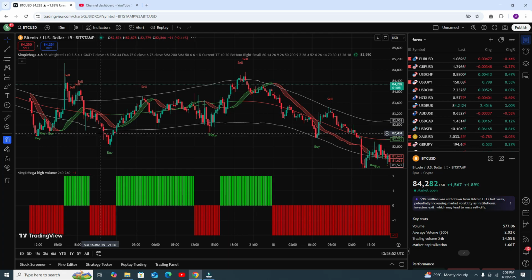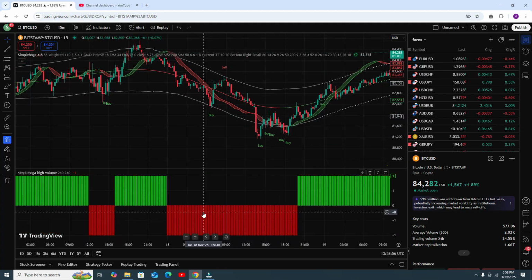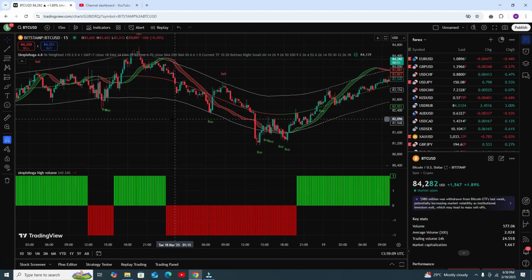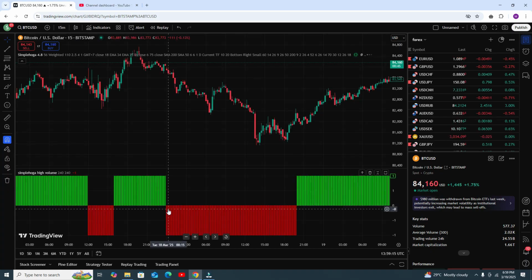First, when you see red candles, here you can see there are red areas, that means there is a sell volume. That is a strong sell volume. When the red area starts, you need to open your sell position from this point.